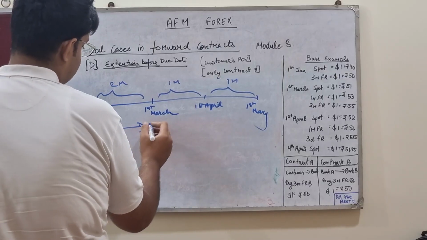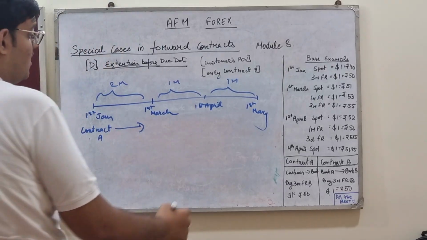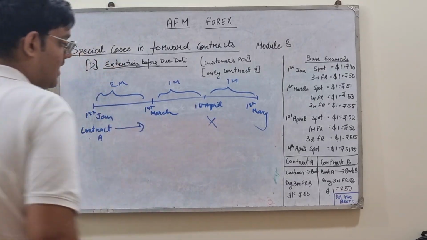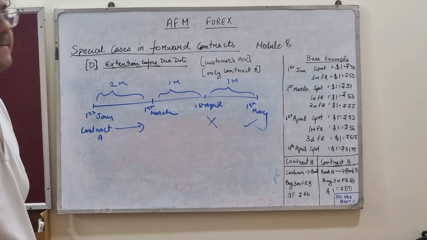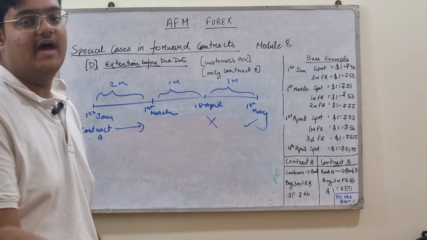Now on 1st March, the customer goes to the bank and says, I don't want to buy it on 1st April. I want to buy it on 1st May. Can you do something today? The bank says, yeah, I can do that.